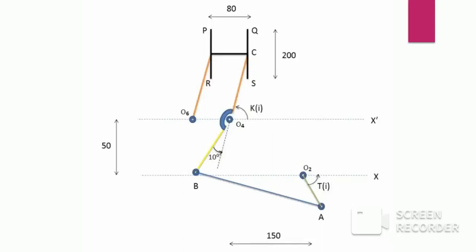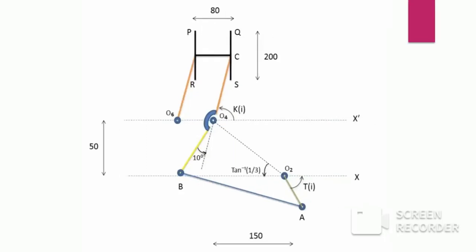Let us denote it with K. Our main aim is to find angle K. The angle made by O2O4 with the horizontal is known to be tan inverse 1 by 3 from the geometry. So using all these details, we need to find the angle K. Now my friend Satvik will explain the remaining mechanism.